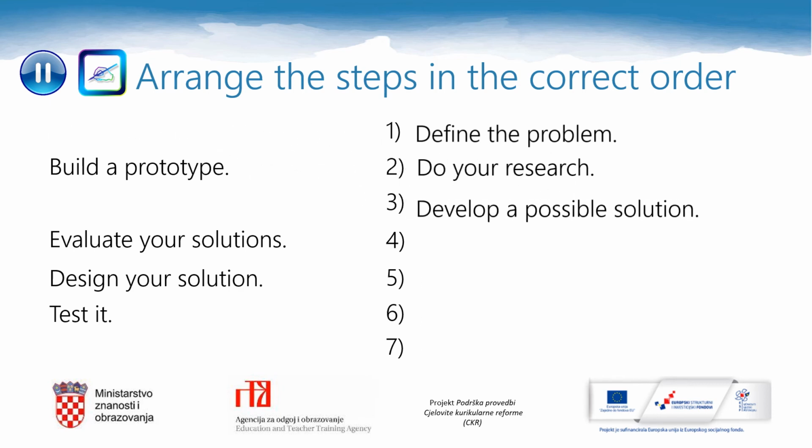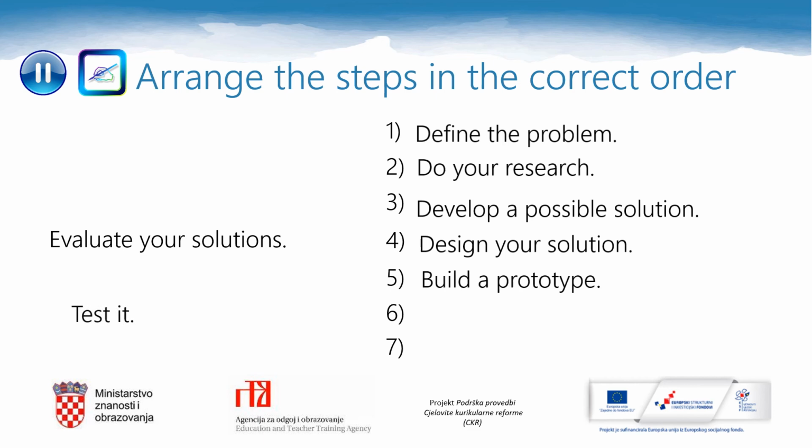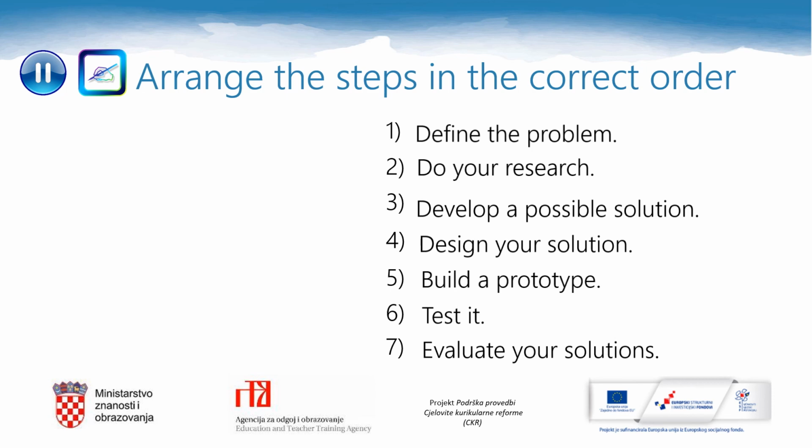Number 4, design your solution. Number 5, build a prototype. Number 6, test it. And number 7, evaluate your solutions. Great job! Pause this video now and write these steps in your notebook.